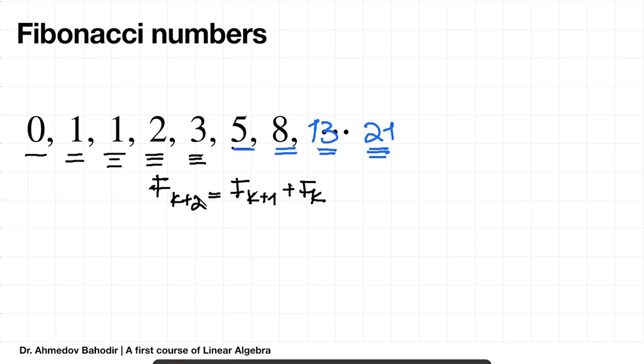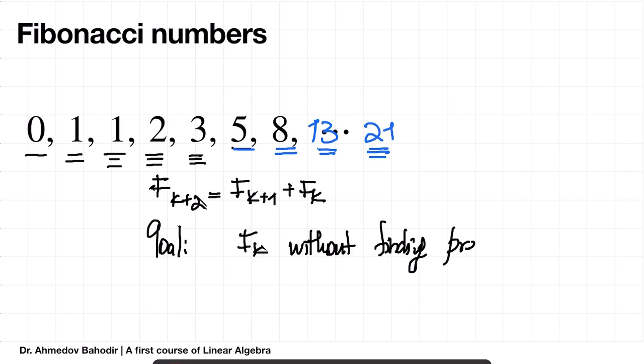That's a recursive formula, and if you would like to use it, you need to find all the previous Fibonacci numbers. So our goal for this lecture is to find f_k without finding the previous numbers.